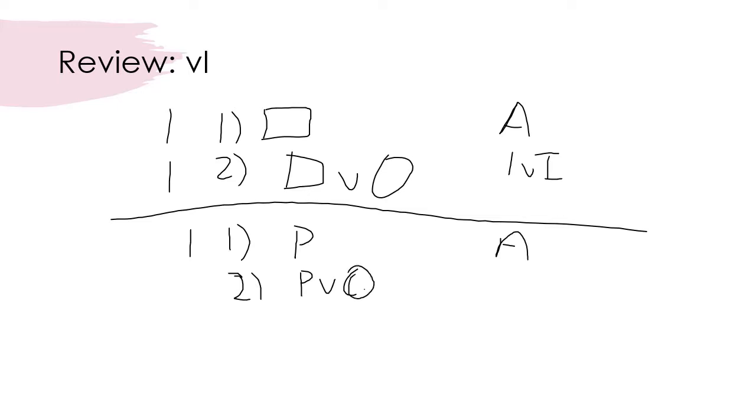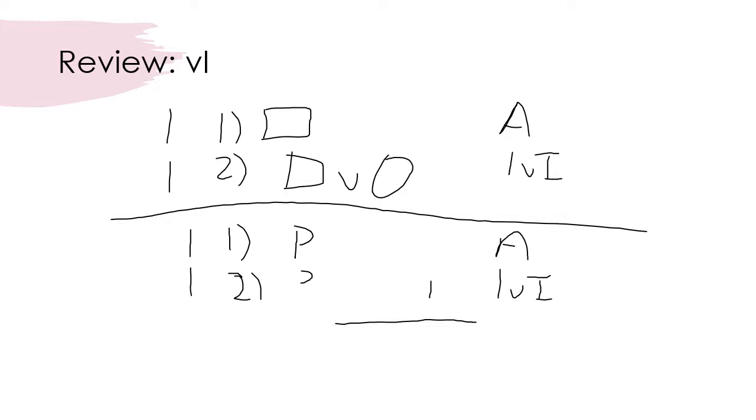I could write P wedge Q from 1 wedge in, or I could even write something as elaborate as Q arrow T. So I could wedge in anything that I want next to a disjunct that I already have given to me in one of the previous lines.